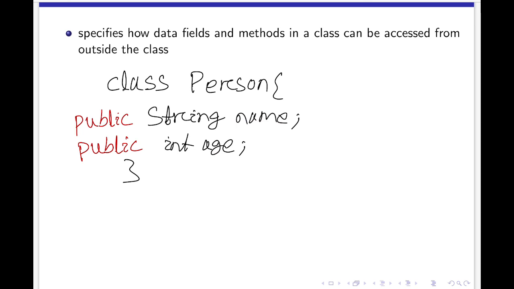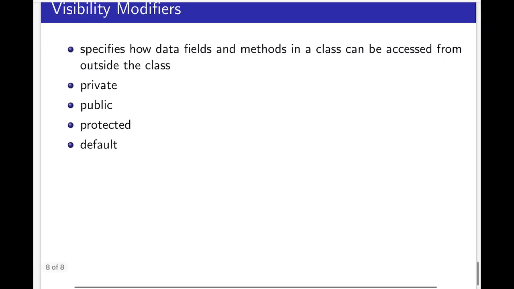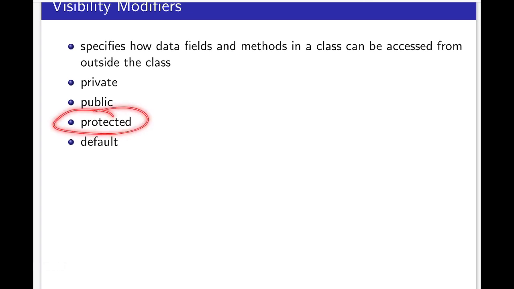So from any class you can access the name and age instance variables of class Person. And private means outside the class Person you cannot access the data members. The other two visibility modifiers, protected and default, we will discuss later.